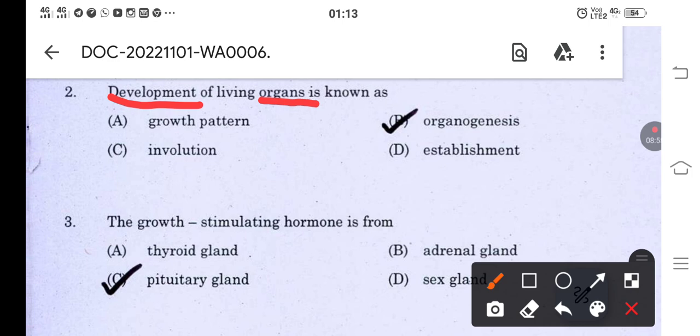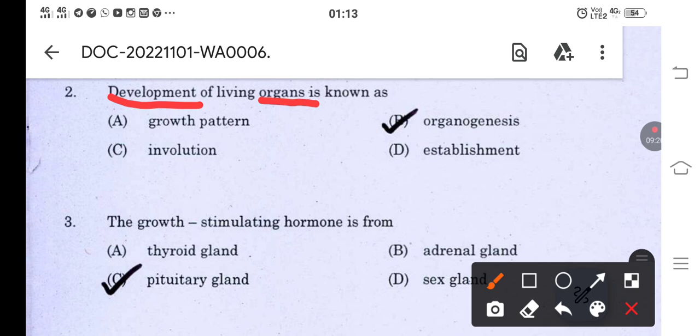Now coming to the first option, growth pattern. What is growth pattern? There are many stages in growth. It starts from conception itself, growth starts. During pregnancy itself, as in the previous question we have discussed, we undergo 3 stages of growth.